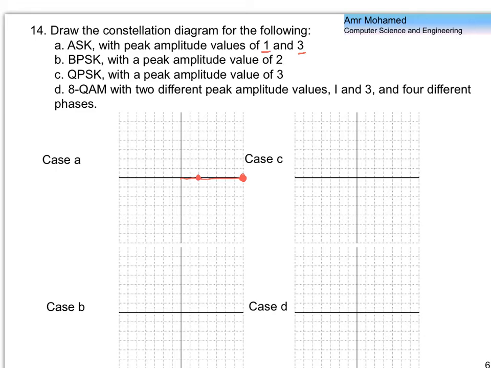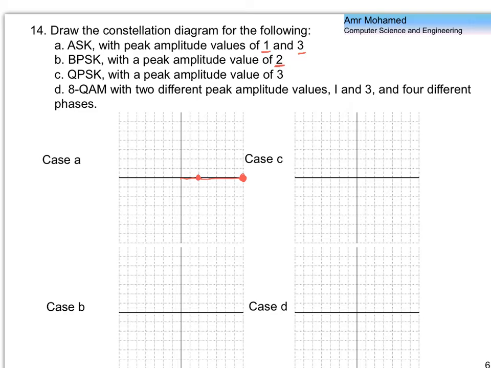Okay? For case B, we have BPSK, binary phase shift keying. So again, we have 2 symbols to represent 1 bit, 0 or 1. But this time, we will change the phase, but not the amplitude. For BPSK, that's what we do. We change the phase, but not the amplitude. So here the amplitude is only 2, and I didn't have to give you the other amplitude, right? Because it's the same. It's just with a phase shift of 180 degrees.